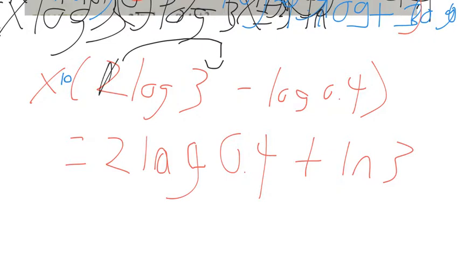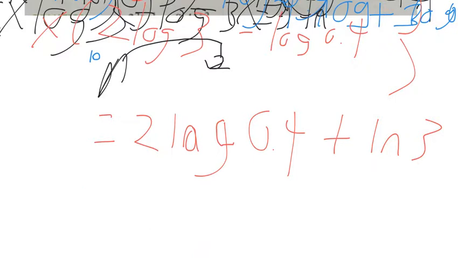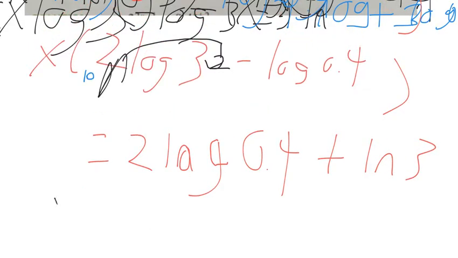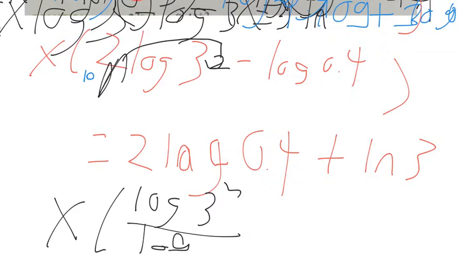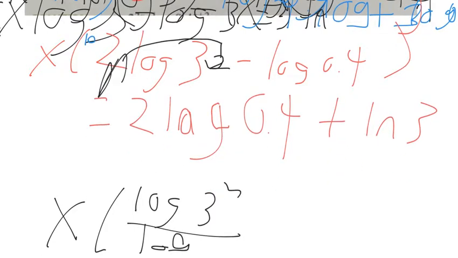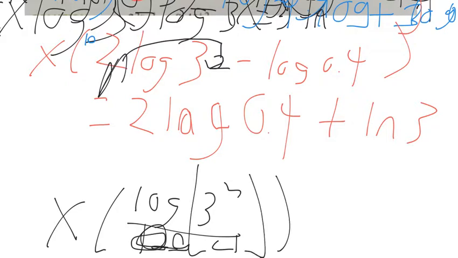So instead of 2 log of 3, that's log of 3 squared, and since we're subtracting, the left-hand side simplifies to x times log of 3 squared over 0.4 equals, since we're adding those, we can move that 2 to an exponent, so that'd be log of 0.4 squared.